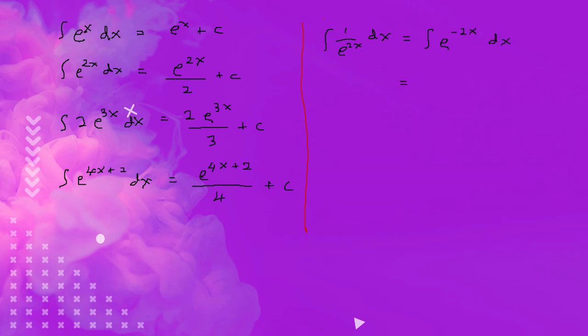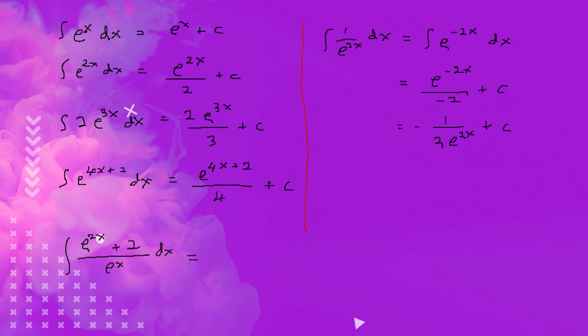Integrate this one, we get e to the negative 2x. The constant for x is negative 2, so divide by negative 2 plus c. And then we can simplify this to be negative 1 over 2e^(2x) plus c.